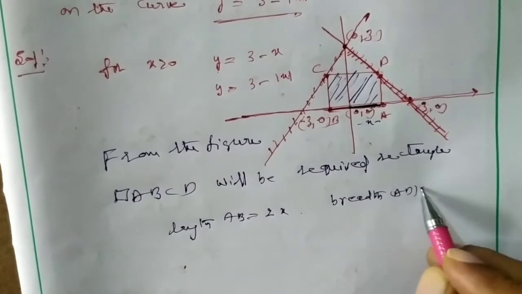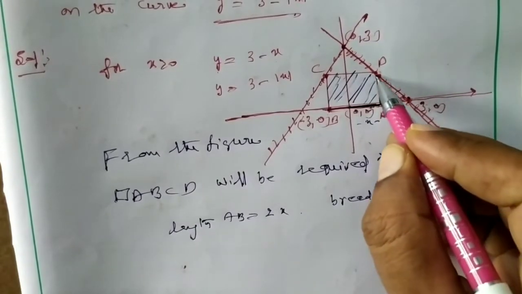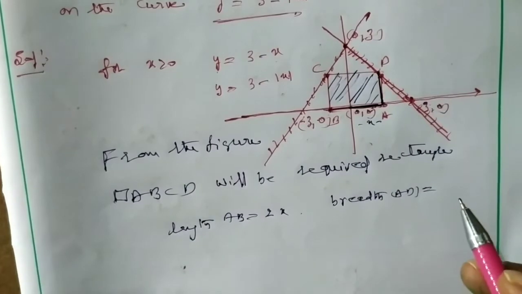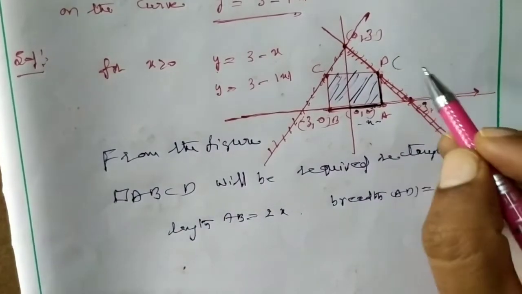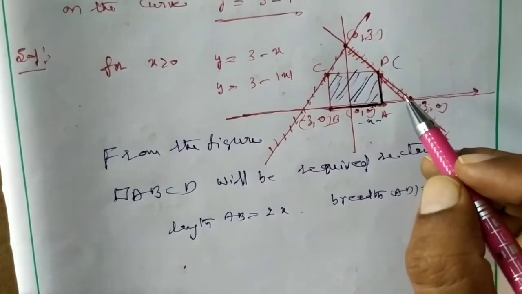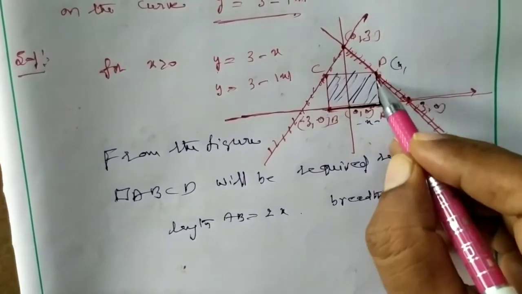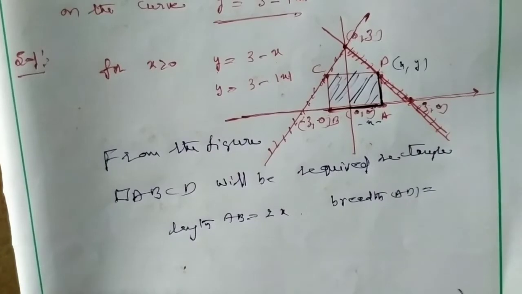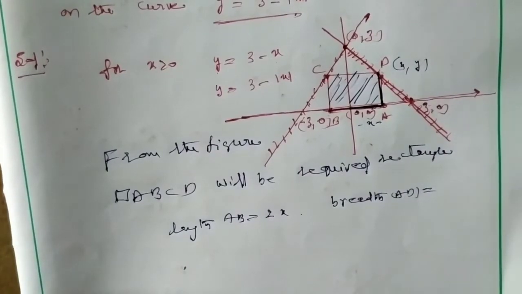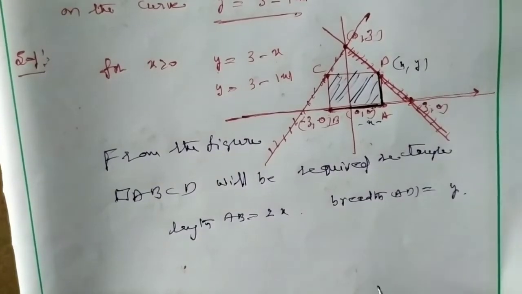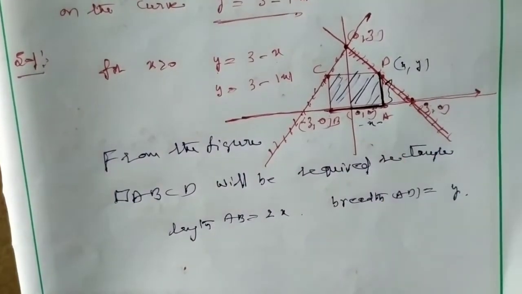The point on the curve is (x, y), so if the distance is x, this distance will be y.